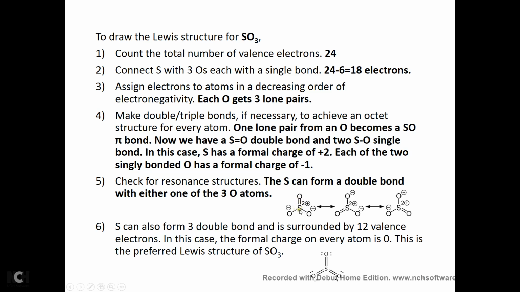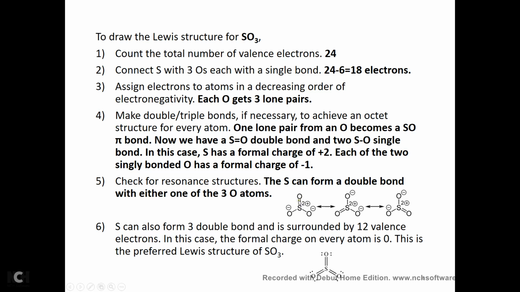Now let's look at the formal charge. If we look at the oxygen, it's surrounded by 1, 2, 3, 4 lone pair electrons. It's not drawn here. You imagine there are 4 lone pair electrons here, 2 lone pairs, and then 4 bonding electrons. Alright? But when you look at a bond, to calculate the formal charge, you just assign half of the bonding electrons to oxygen, the other half to sulfur.